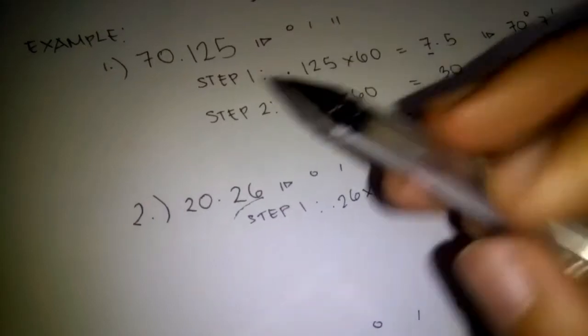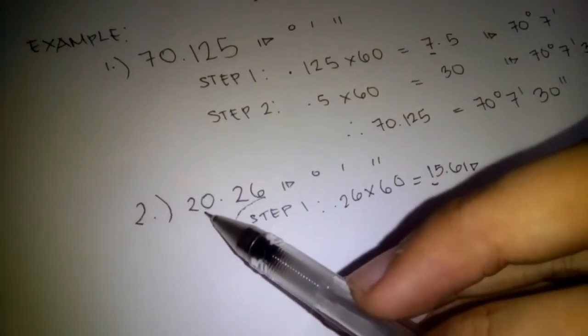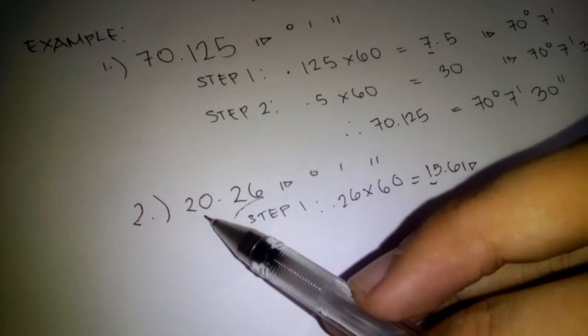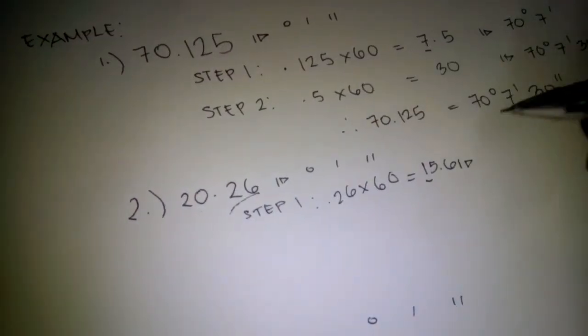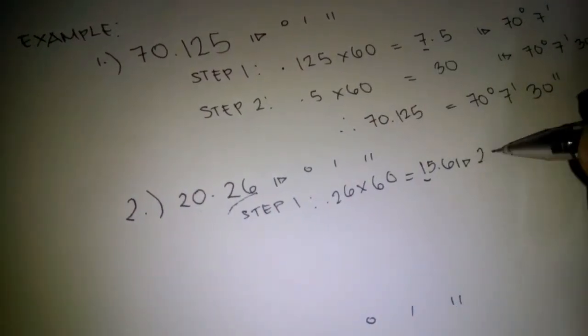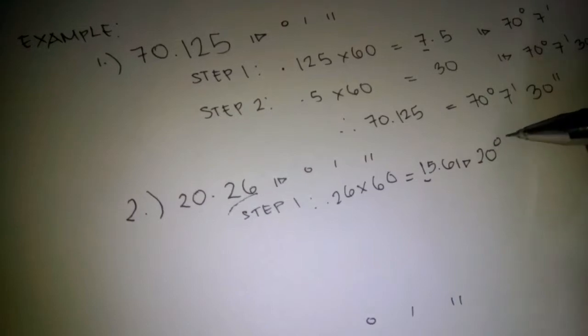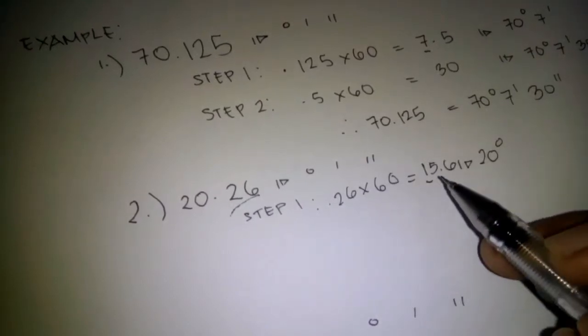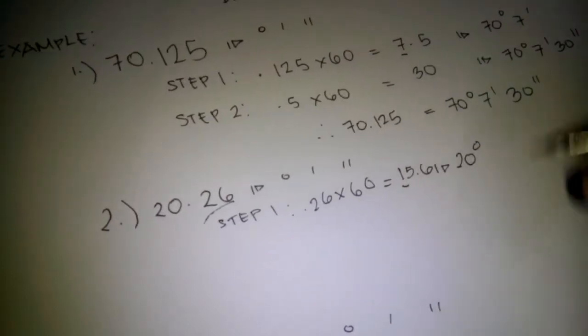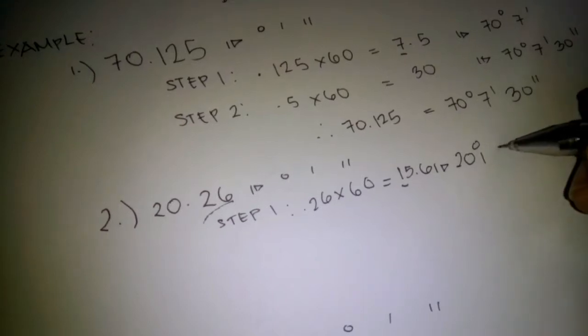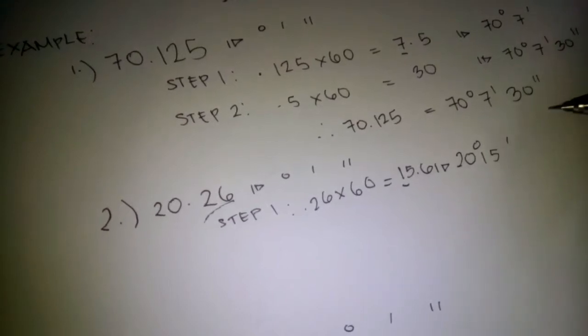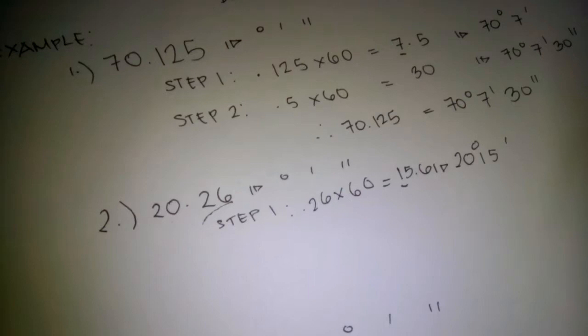So the result will be, let's copy the whole number in this part, and this will be our degree, 20 degrees, this one 15 minutes. So let's have our second step.